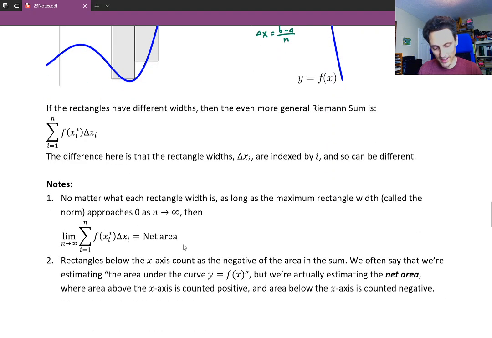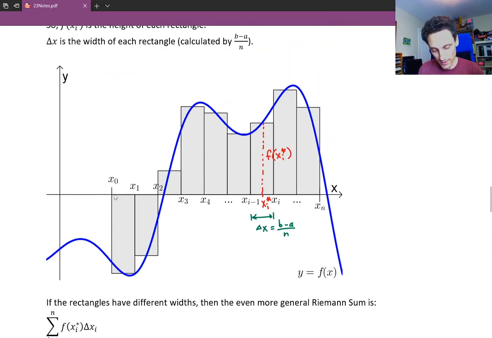Now, one thing you might be looking at is saying, why do I keep saying net area here? Well, the reason for that is note number 2. Rectangles below the x-axis are going to be counted as a negative area in the summation. So, as an example, if we look at the rectangle that's raised to the curve for that subinterval, and we're plugging in the midpoint, it would look like this.